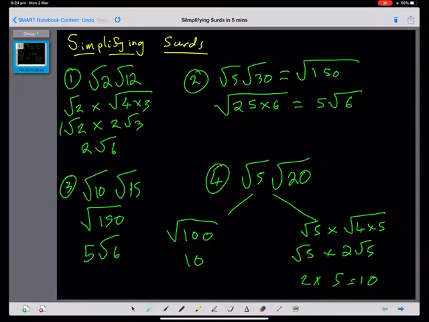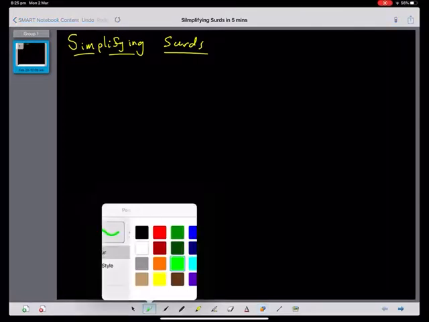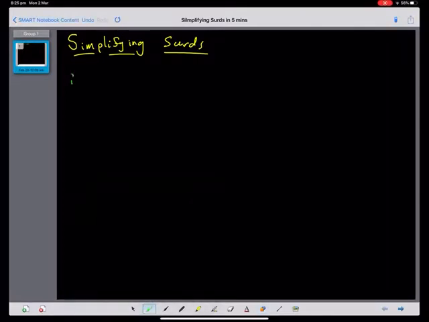Okay, so let's have a look at some more very basic examples. Let's do 4 questions. Let's do root of 20 divided by root of 4.